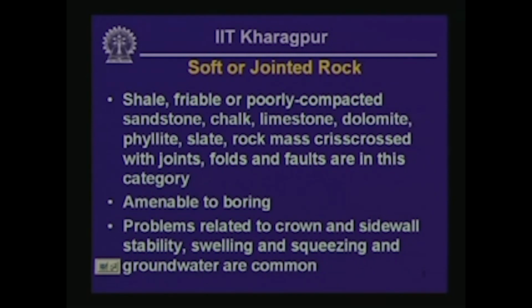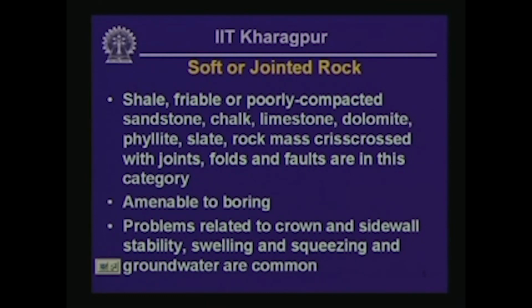So let us say you have to construct a tunnel through soft or jointed rocks. The condition here is typical of a terrain of claystones, shales, brittle or poorly compacted sandstone. It is just like cemented sand. In fact, it is very soft.